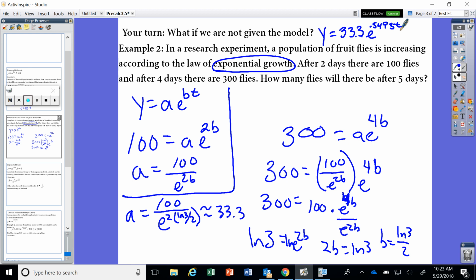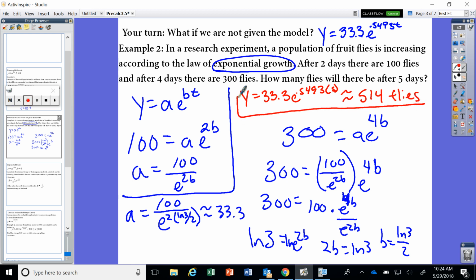And what it wants in the end is a situation of 5 days. So now substituting in for 5 days, let me change some colors so we don't get too confused. y is equal to 33.3 e to the 0.5493 times 5. Roughly, guys, this came out to be about 514 flies in the end.